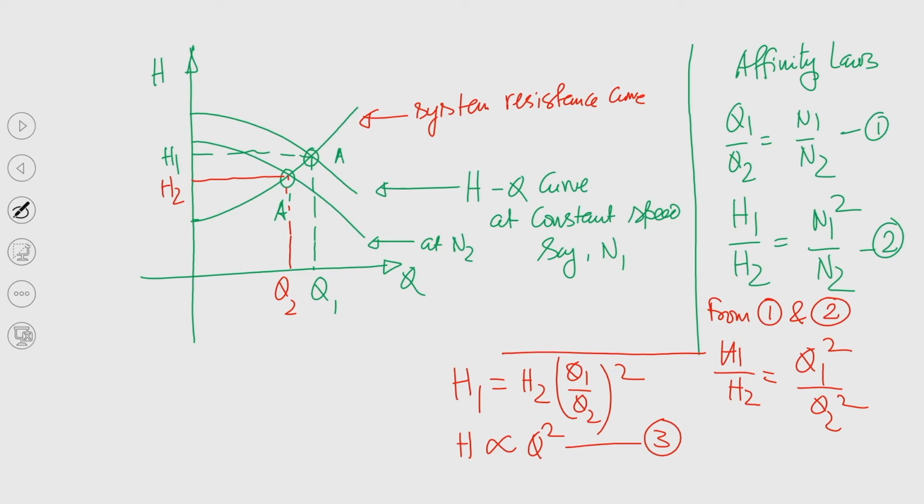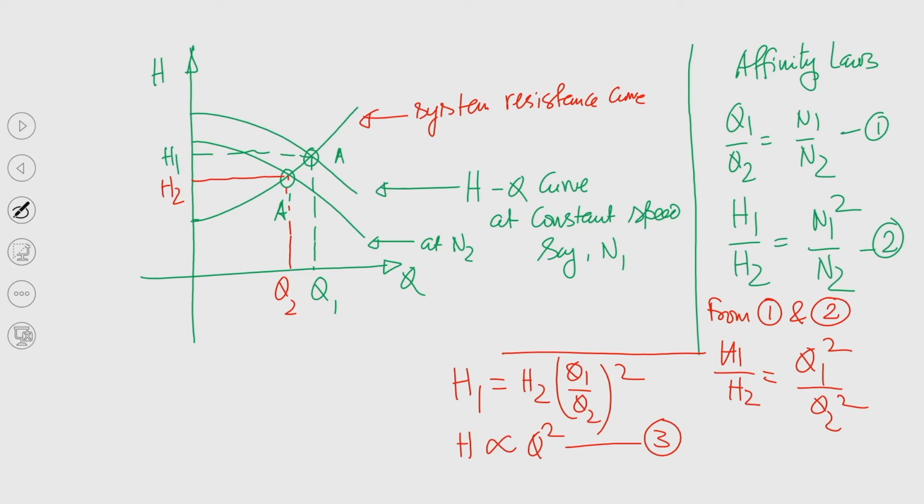So, basically all similar points on the different characteristic curves, right. This is the point A and this is the point A prime. So, all similar points on different characteristic curves will lie on the same curve, that is a parabola.